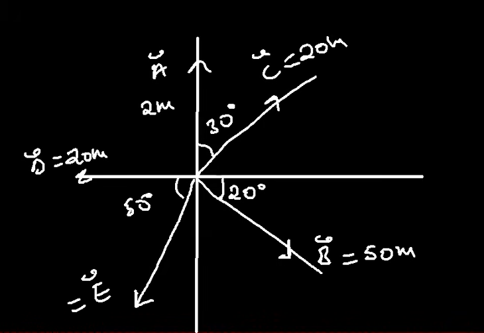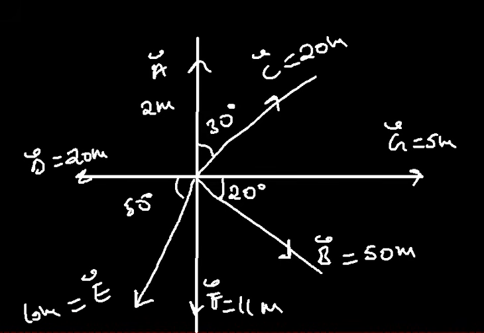And the vector E is given as 10 meters. And let's say we have a vector F, which is 11 meters. And let's say we have a vector G, which is 5 meters.